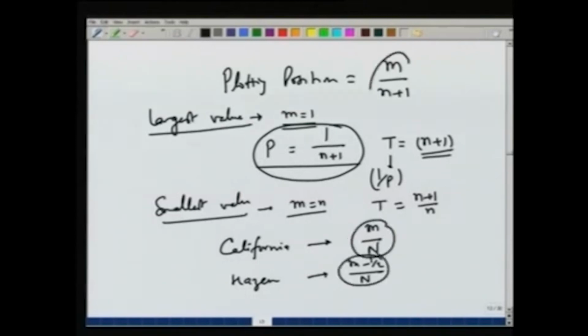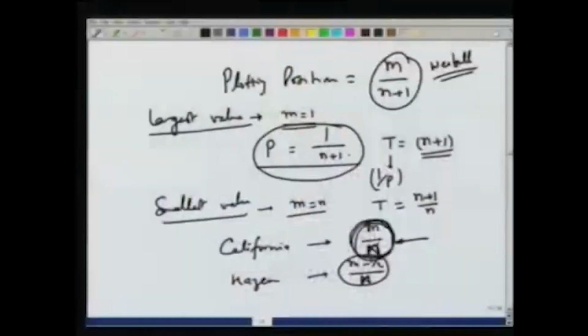We will use m over n plus 1, which is typically called the Weibull method. In m over n, you can see that when m is equal to n, this probability will become 1 for the California method.